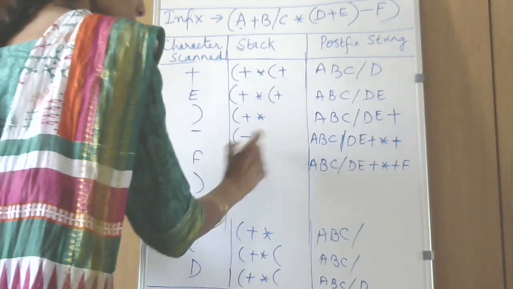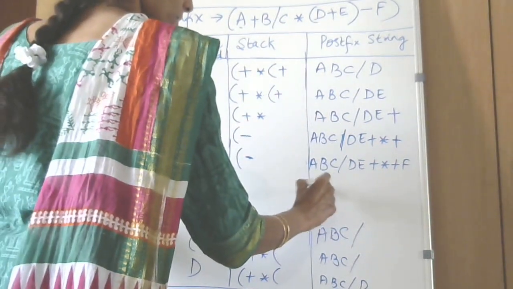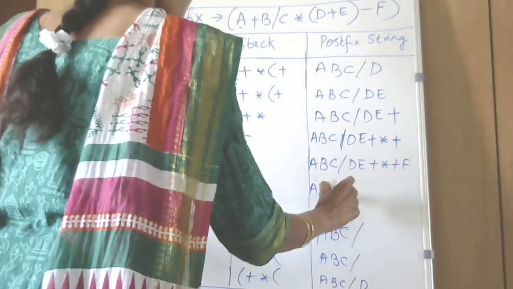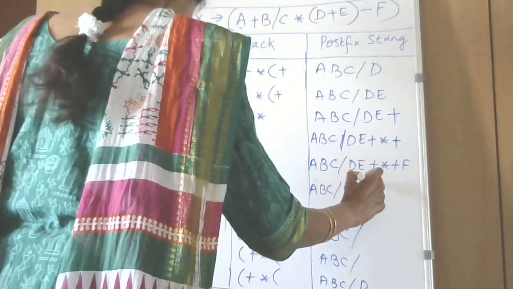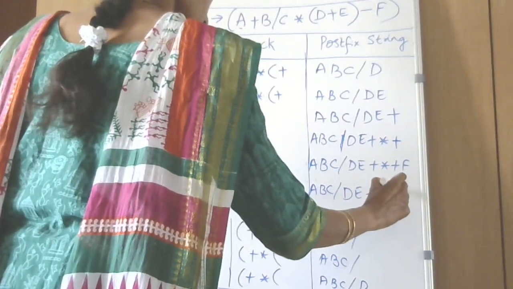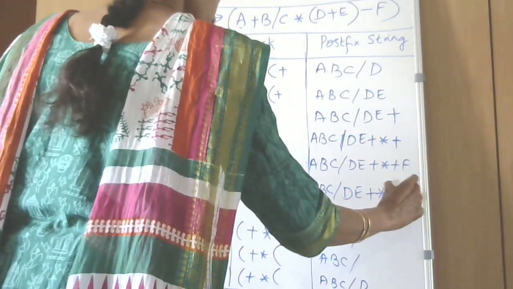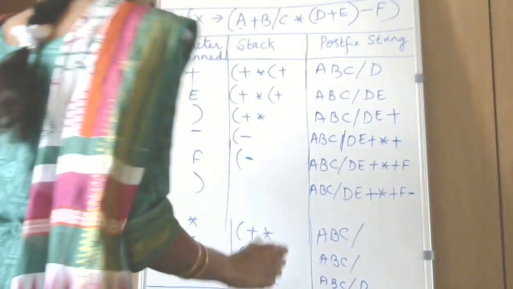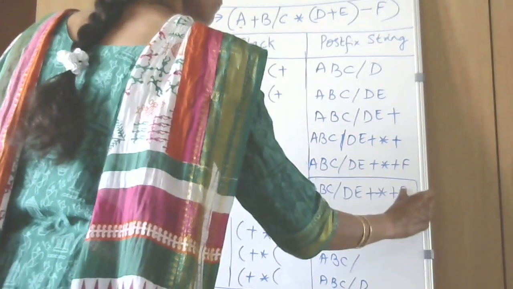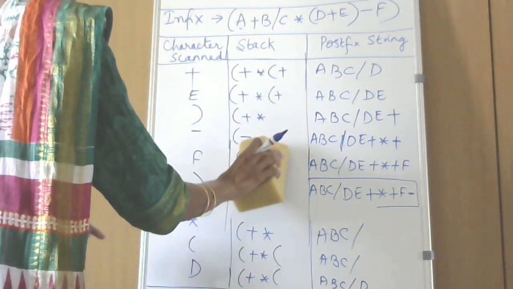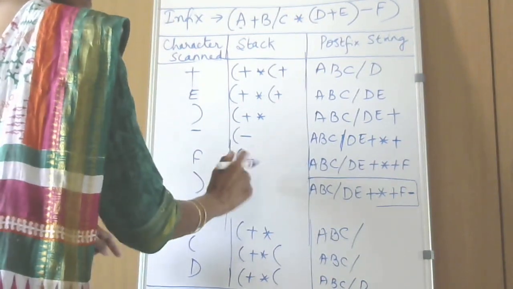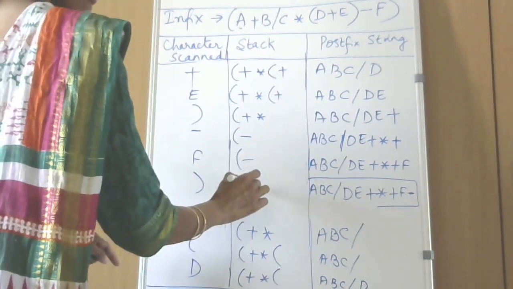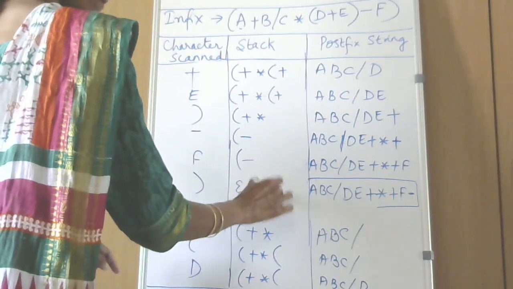So this minus will now get popped out: ABC slash D E plus star plus F minus. Now this becomes the final. When you pop out the minus, the open braces will get eliminated. So your stack will become empty.